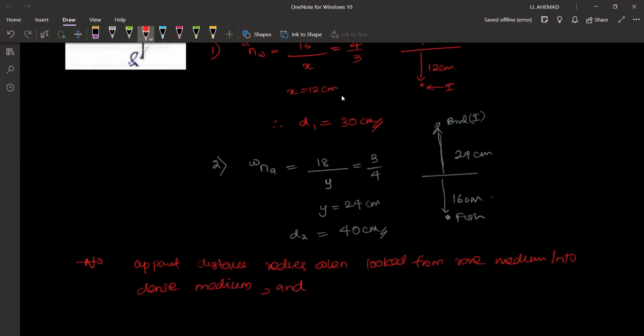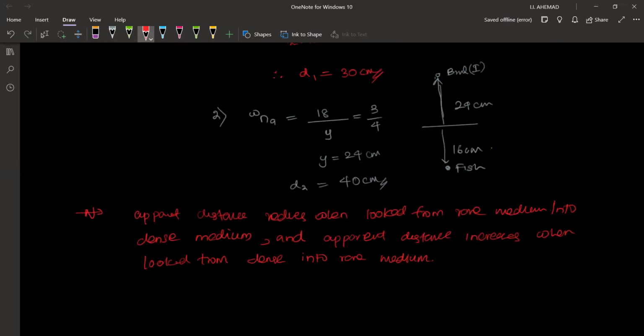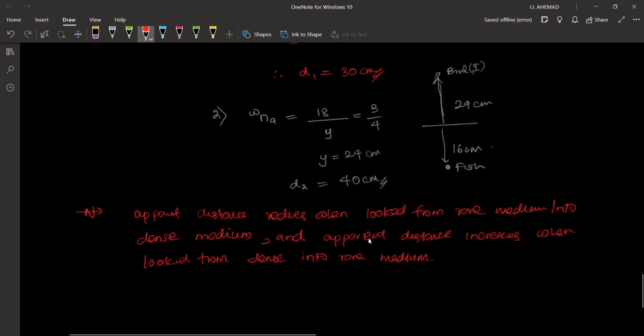Apparent distance increases when looked from dense into rare medium. Okay, done.